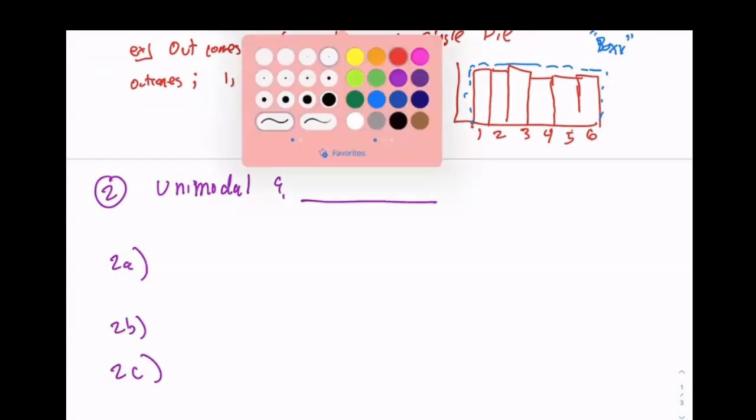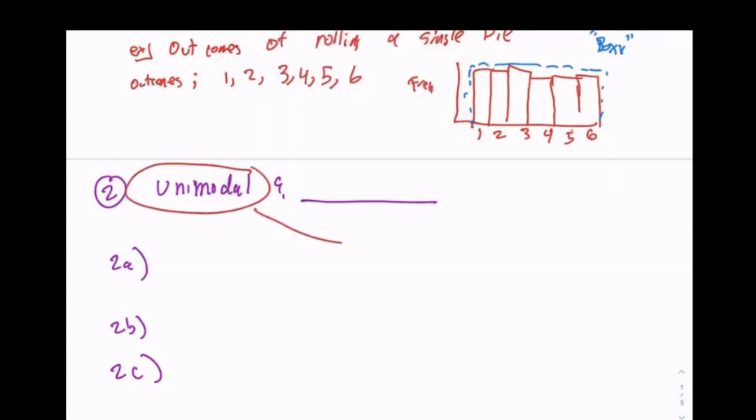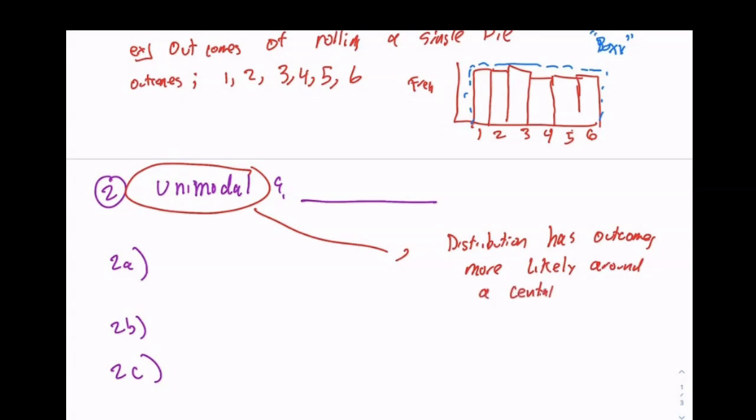Now, when referred to modal, that means that the distribution has outcomes more likely around a central location.